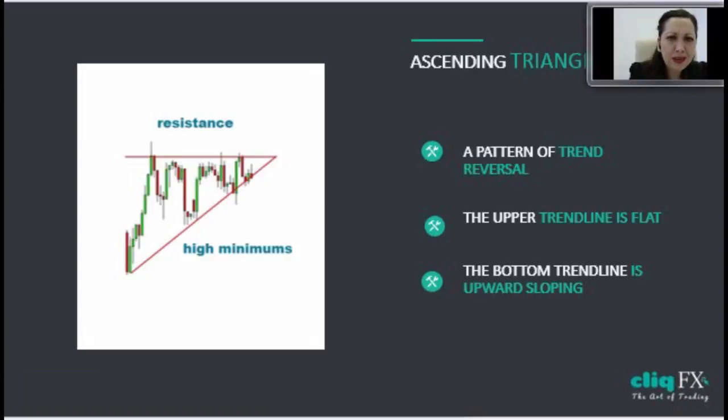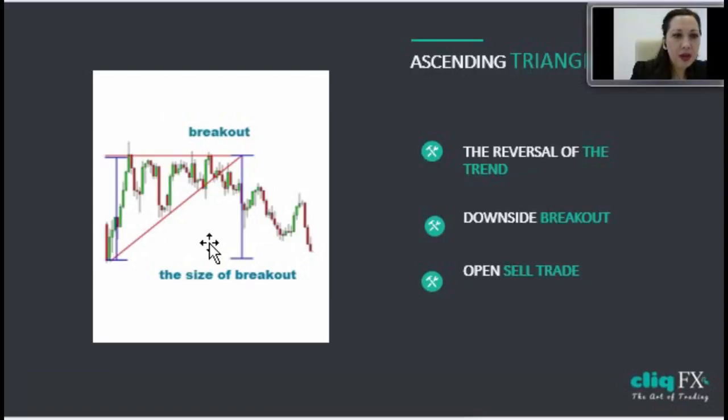This is also, or on the contrary, almost certainly a pattern of trend reversal. So if it was an upward trend, be ready to sell. And how do we see it? When the market breaks through the bottom line, we open a position for sell. How much profit? Use the wider side of the triangle. I use the middle side.